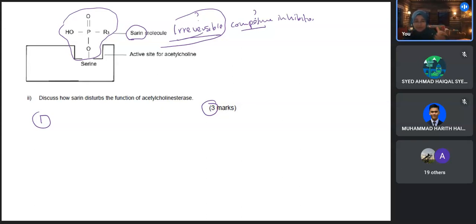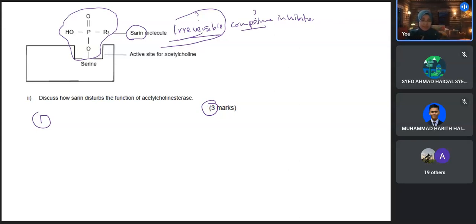So what is the consequence of this accumulation of the neurotransmitter? It causes continuous impulse transmission. Why don't you want continuous impulse transmission? Imagine if impulse transmission is continuous and causes continuous contraction of muscle. You do not want continuous contraction of muscle.